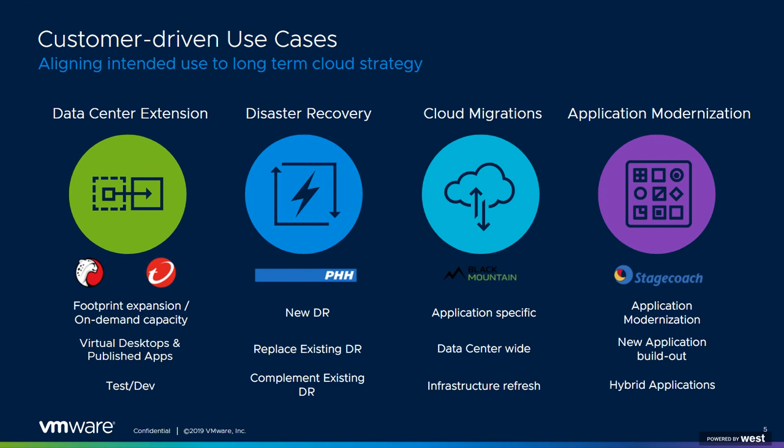Customers like PHH Mortgage have an easy-to-use, easily testable, and repeatable process to validate and test DR strategies and VCDR plans, giving them the capability of testing those failovers and validating that those services and solutions are functional in the cloud.